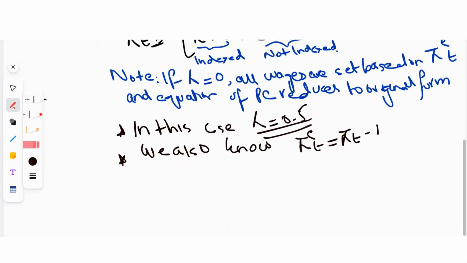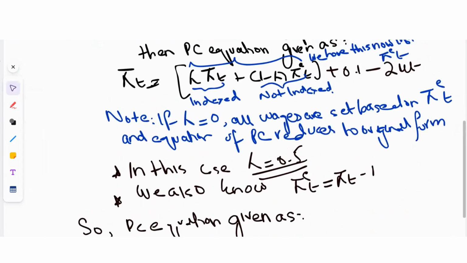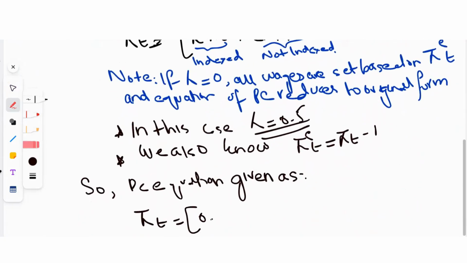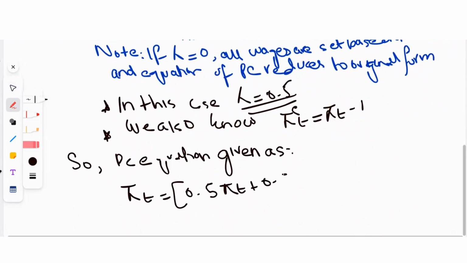So our PC equation becomes pi t is equal to, instead of lambda we have 0.5, so it's 0.5 pi t plus 1 minus 0.5, which is also 0.5, pi t minus 1 plus 0.1 minus 2 ut.